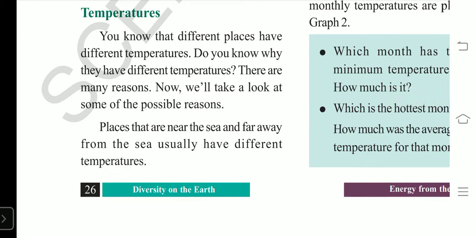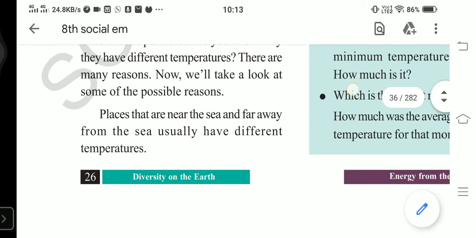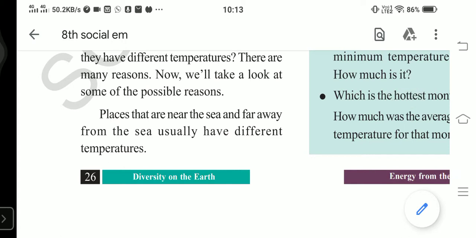Suppose we are passing through an area where there is no tree cover, we find the temperature is high. Understand? So here we see that a factor is there. The places which are near to the sea will experience a moderate temperature. What is meant by moderate? Throughout the year, there won't be much variation in temperature.